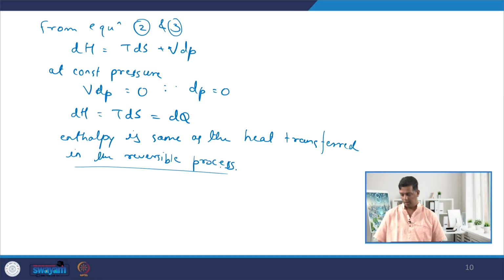That's a very important conclusion that we can draw. Since it is equal to T dS, or equal to dQ, it is the same heat that is transferred in a reversible process. So, we can equate enthalpy and the heat, which means that enthalpy is the same amount of heat transferred in a reversible process. With that we will stop here, and we will take on these same expressions in the next class. Thank you.